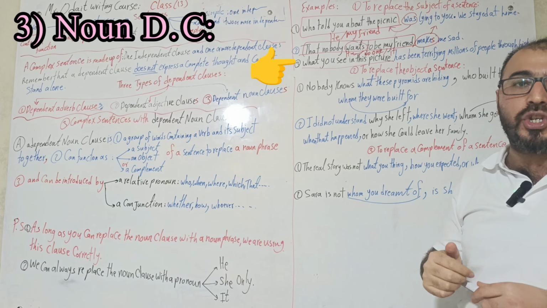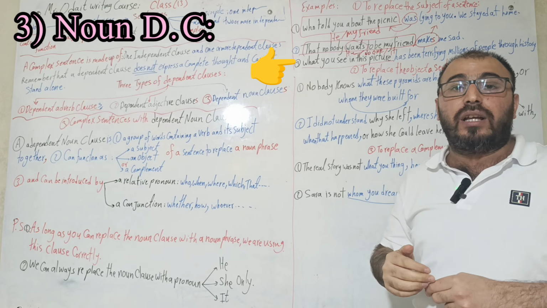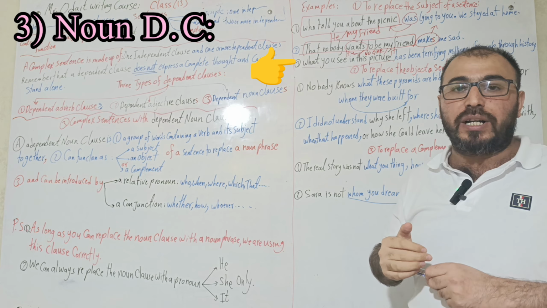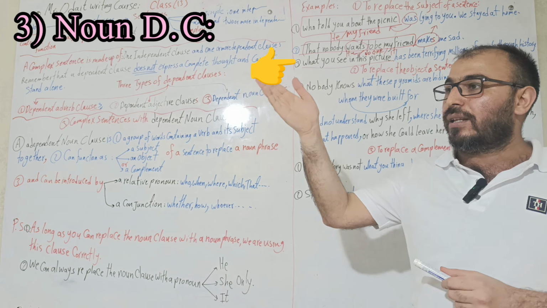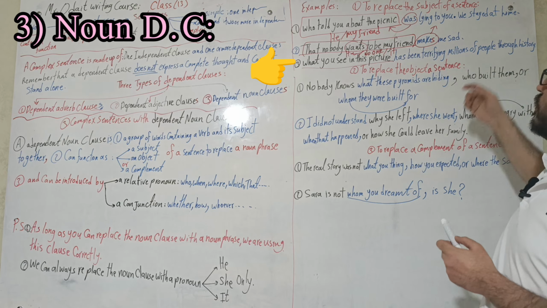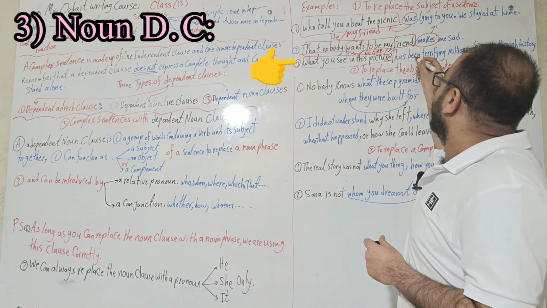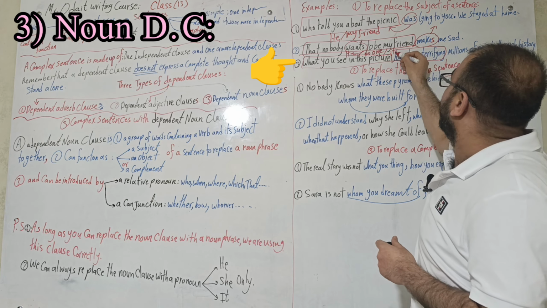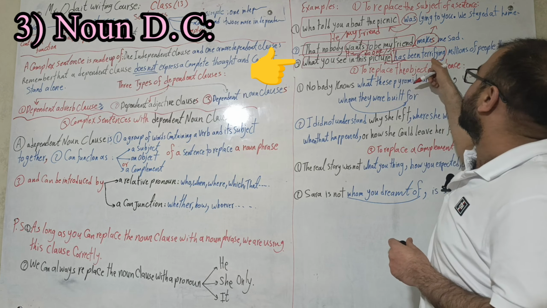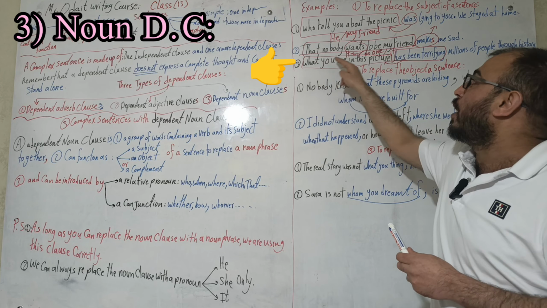For example, I could be showing a picture of, let's say, a legendary creature to my students. I tell them, "What you see in this picture has been terrifying millions of people." And here, again, everything before the verb phrase is the subject; "has been terrifying" is the verb phrase. And here, this is a noun clause.